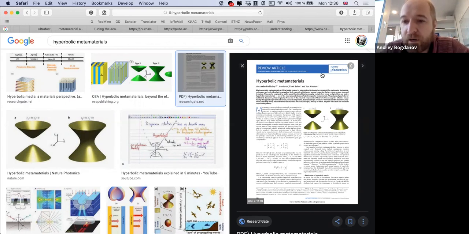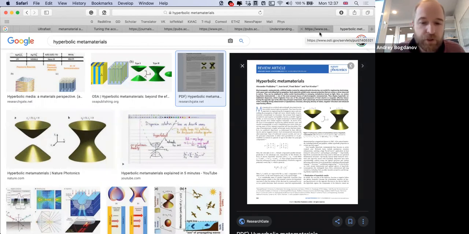This is a review article about hyperbolic metamaterials. The authors are Alexander Poddubny, Ivan Iorsh, Pavel Belov, and Yuri Kivshar. I think it has maybe more than 1,000 citations. So this is the most cited paper in the whole history of ITMO University, but it was published just 7 years ago in Nature Photonics.